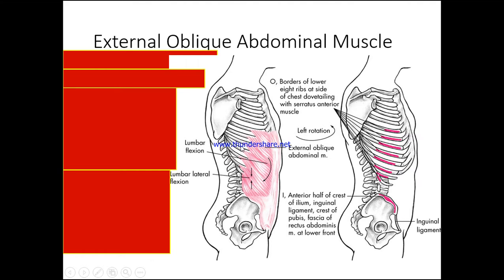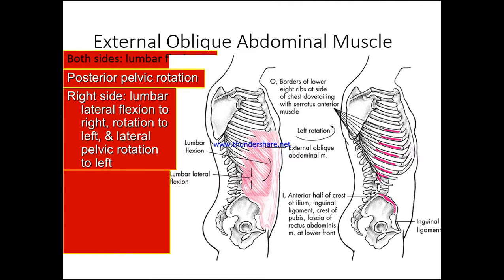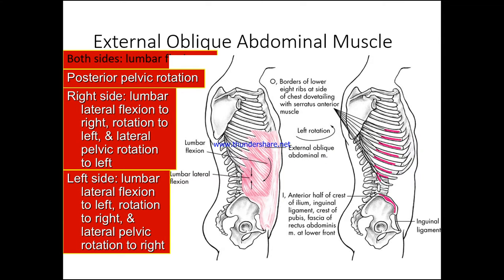The external oblique abdominal muscles, so both sides: lumbar flexion, posterior pelvic rotation. Right side: lumbar lateral flexion to the right, rotation to the left, and lateral pelvic rotation to the left. The left side: lumbar lateral flexion to the left, rotation to the right, and lateral pelvic rotation to the right.